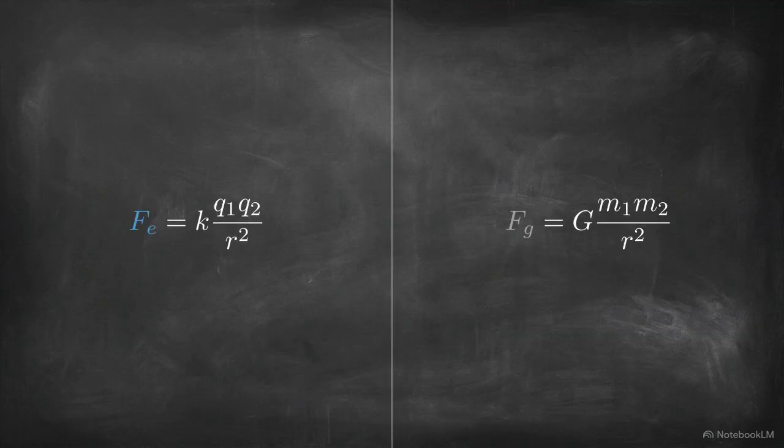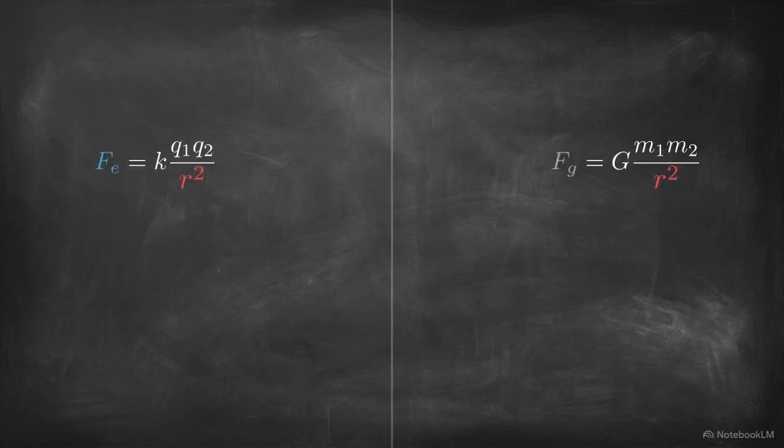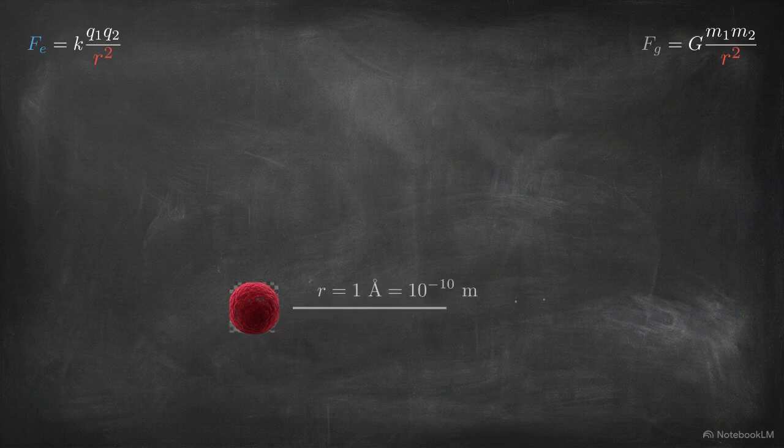Viewed alongside Newton's law of gravitation, the structural parallels are striking. Both calculate force from two inherent properties, decaying by the exact inverse square geometry. To compare their strengths, we calculate the forces between a stationary proton and electron separated by 1 angstrom.